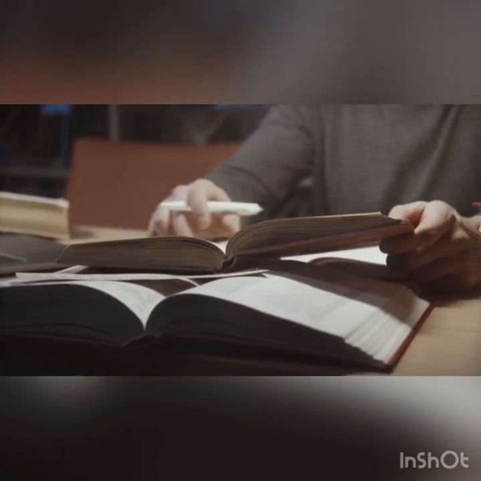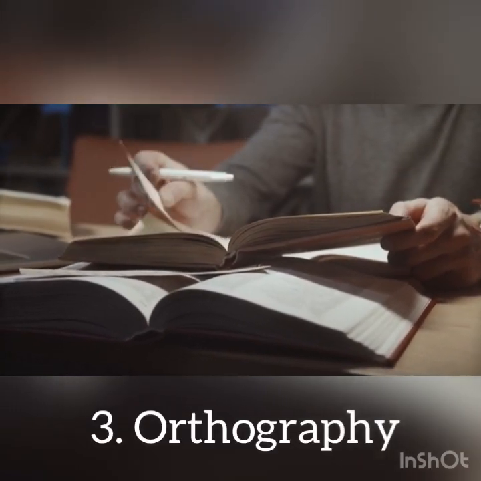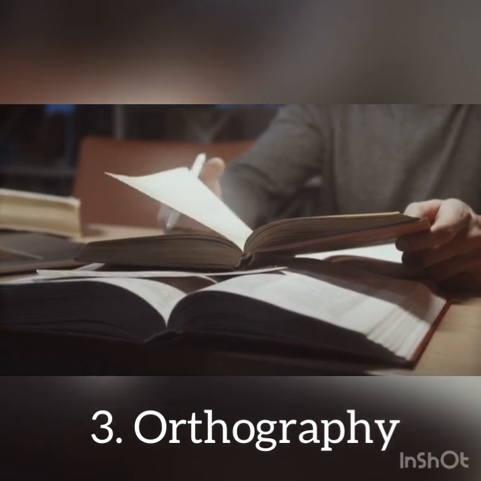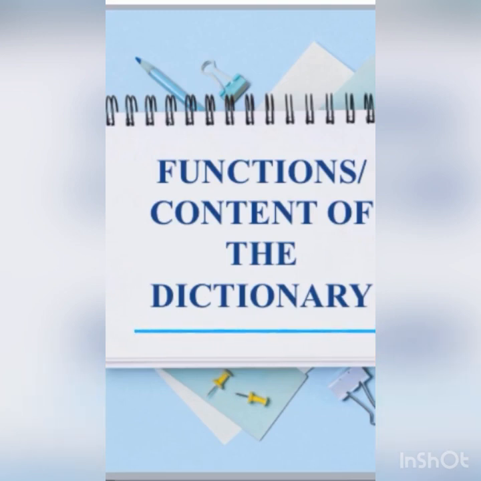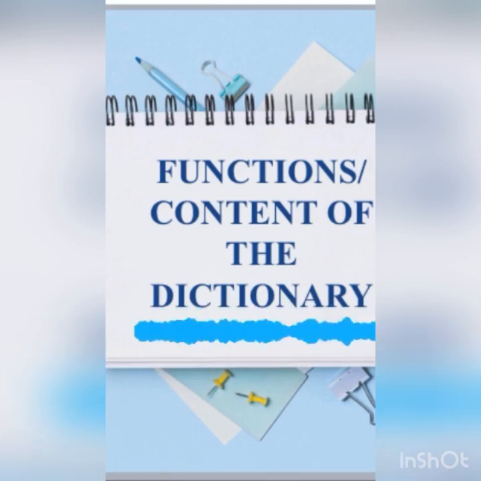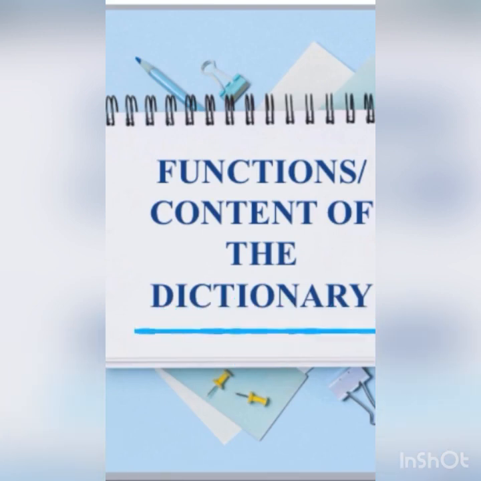Now, the third function I would like to talk about is orthography. And lexicographers have a lot to do with this. They have to do with spelling. And they furnish the dictionary with information that would help us distinguish the spellings. We have British spelling from British English, and we have American spelling from American English.